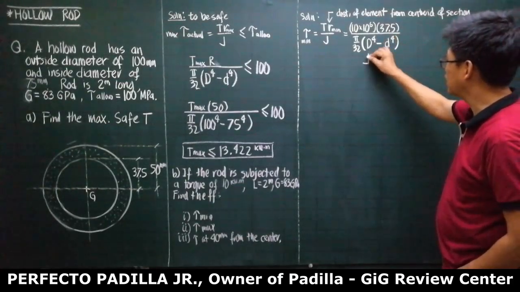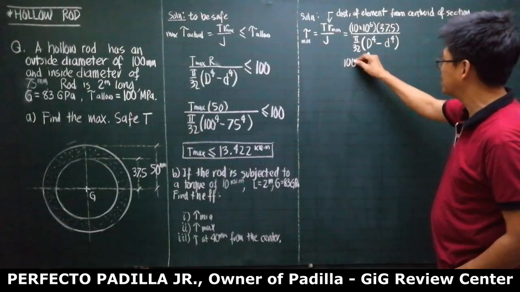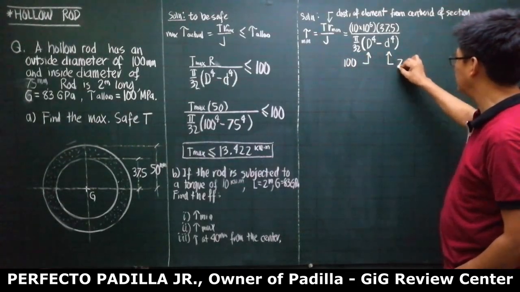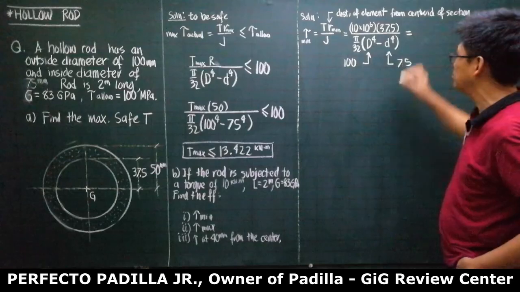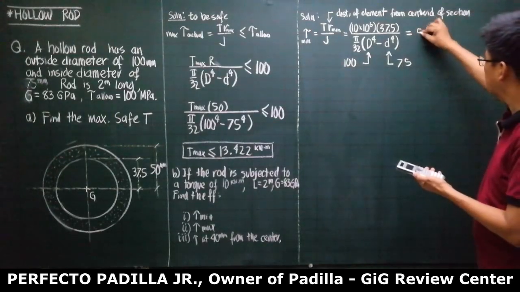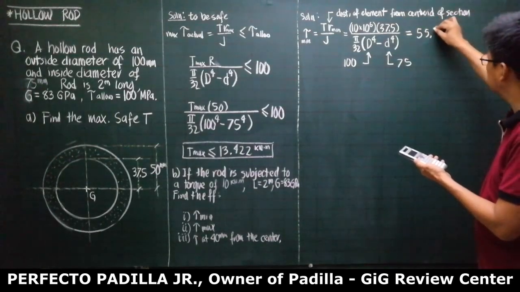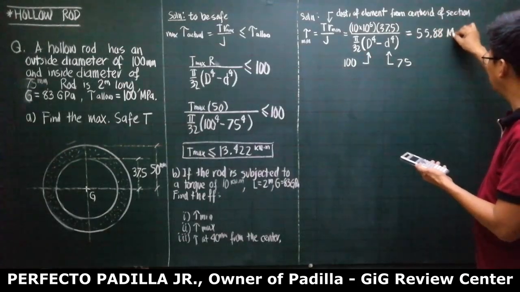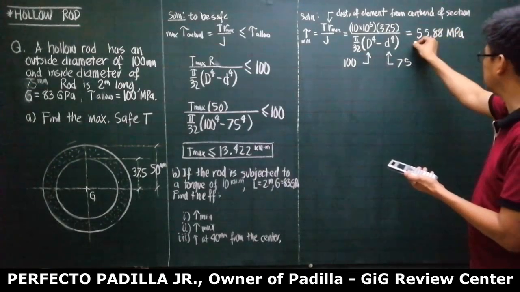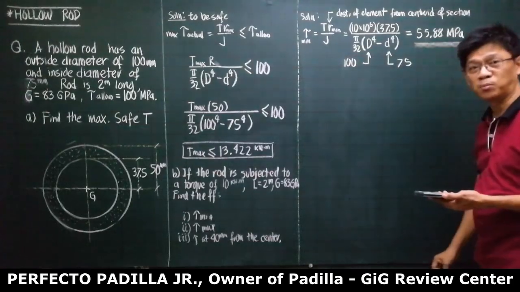So substituting for capital D the value of 100, for small d the value of 75, this is 55.88 megapascal. So this is your tau minimum.